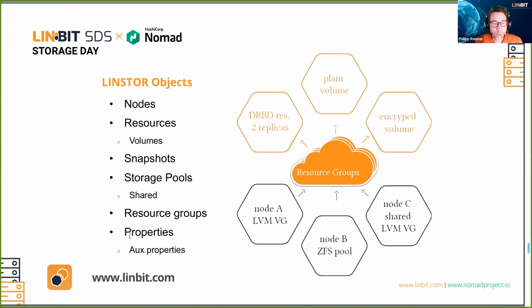And then there are properties that control many things, and these properties exist on all the other objects. And aux properties, that's really like custom labels. You can place them on nodes and on other objects and refer to them in the allocation policies we have in the resource group.